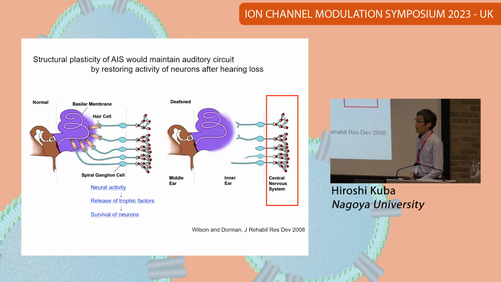Neural activity is important for the survival of neurons because it facilitates release of trophic factors. So we consider that the elongation of the AIS in NM neurons would maintain the integrity of the auditory circuit by restoring activity after hearing loss.